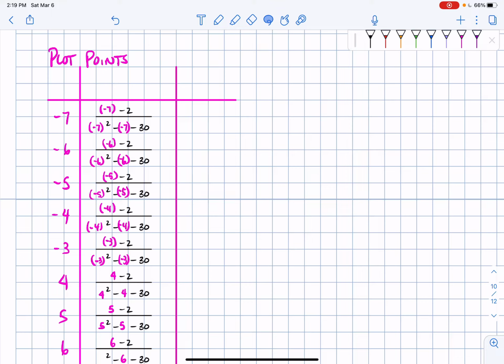Minus 2 divided by negative 7 squared minus a negative 7 minus 30. I got negative 9 over 26.